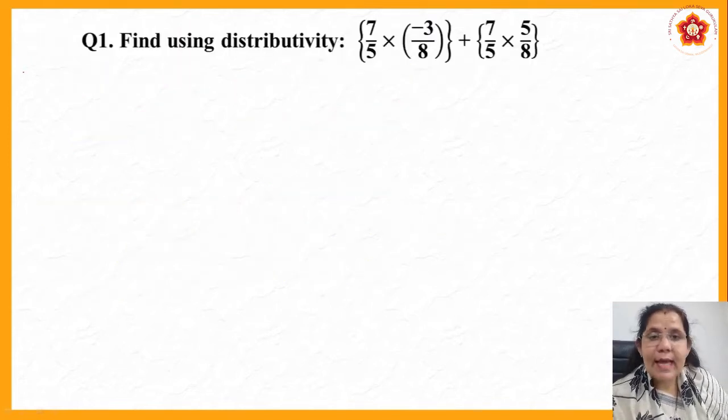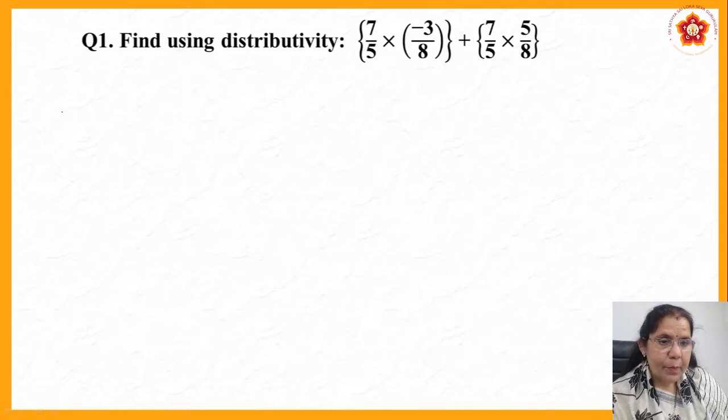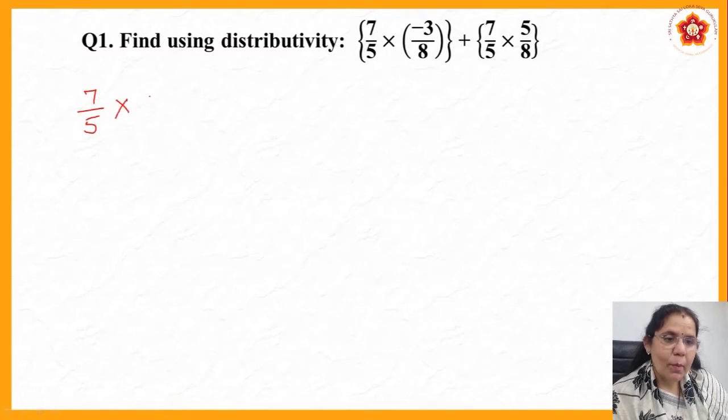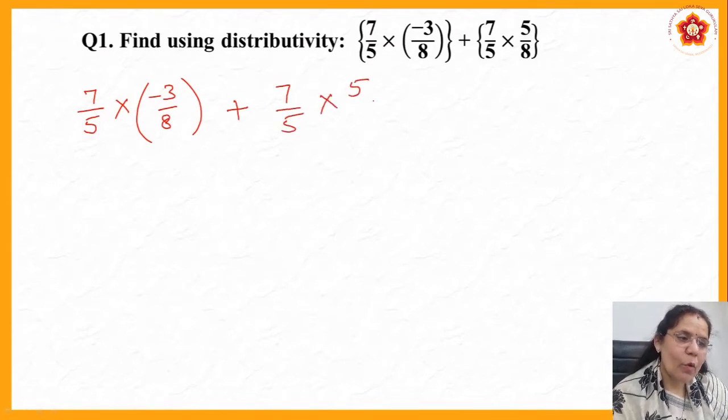Let us look at its application. Distributive property makes the calculations easy. For example, in this particular question, we are given 7 upon 5 multiplied by minus 3 upon 8 plus 7 upon 5 multiplied by 5 upon 8.